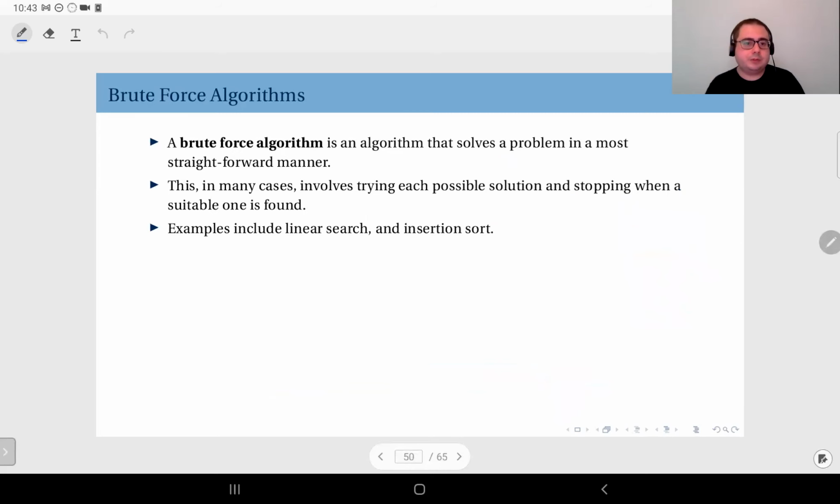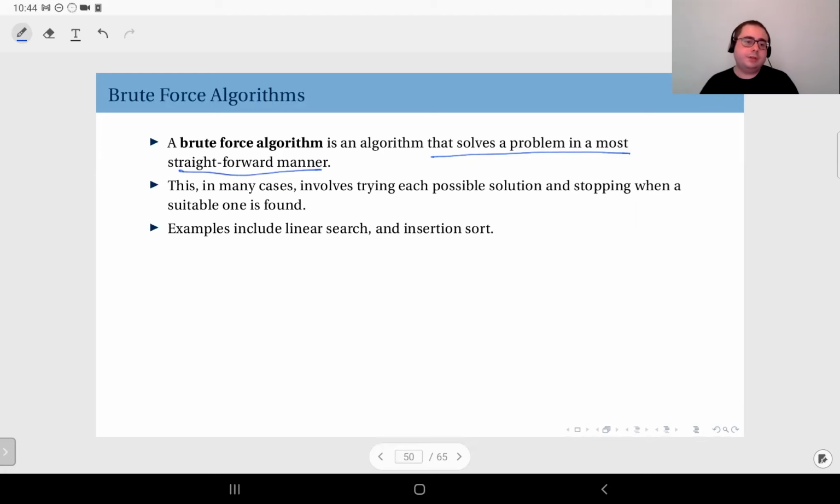Another type of algorithm is the so-called brute force algorithms. And these are very simple. A brute force algorithm is an algorithm that solves a problem in a most straightforward manner. Now, usually this amounts to enumerating all possible solutions and then trying them one by one. That is what we mean by brute force.